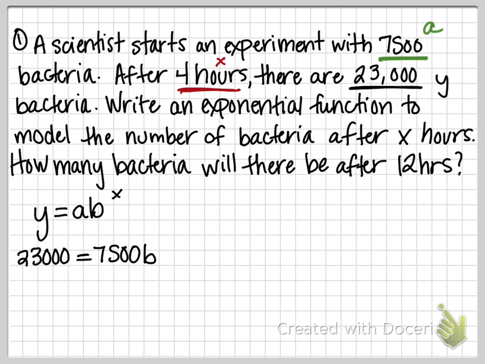We don't know the rate that it's growing at, and it's to the 4th power. We need to solve for b so that then we can write the equation that's modeling what's happening here. So to solve for b, first divide both sides by 7,500. Which gives us 3.067.